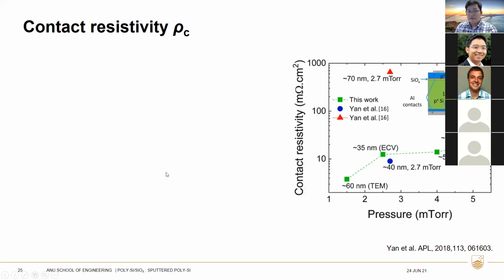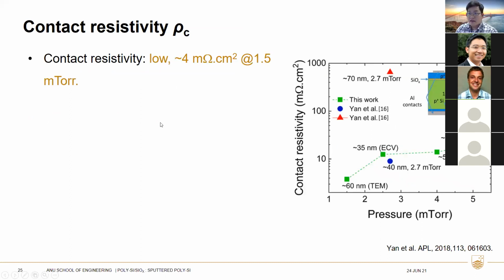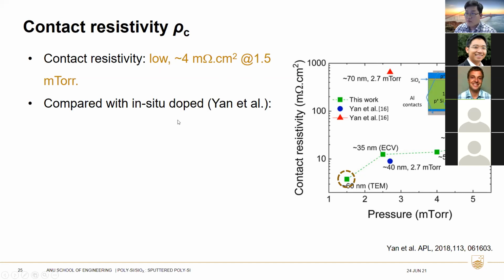About the contact resistivity, we can say that the contact resistivity is low, around 4 milliohm centimeter squared for the sample at 1.5 millitorr. Here we compare with the in situ doping from Diyan.